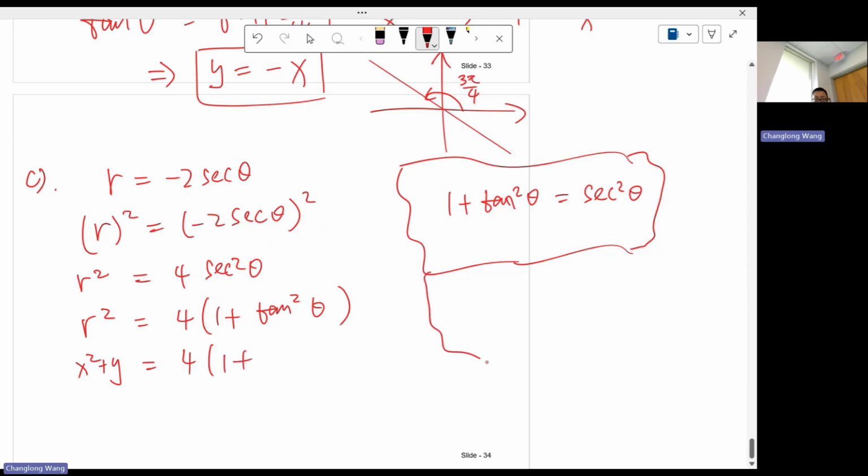So again, let's remind ourselves: tangent theta is y over x, which means that if you square it, tangent squared will be y squared over x squared, right? Just squaring both sides. So now I'm looking at y squared over x squared.